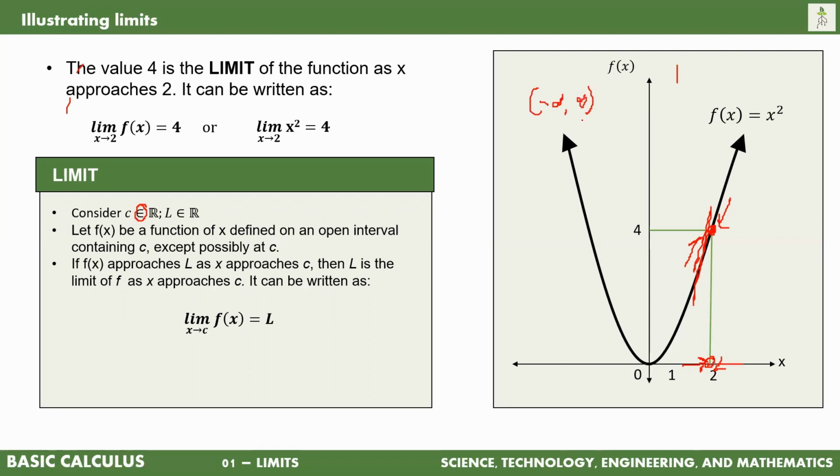Now, c is some point inside that interval. Now, if f of x approaches L, again, L is just a real number, as x approaches c, then L is the limit of f as x approaches c.